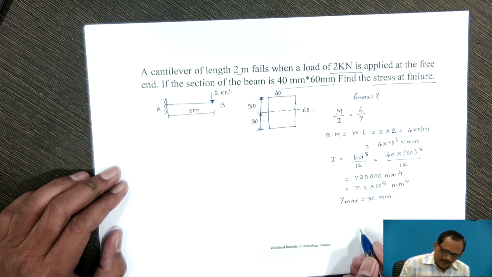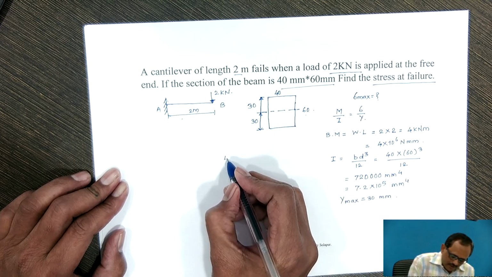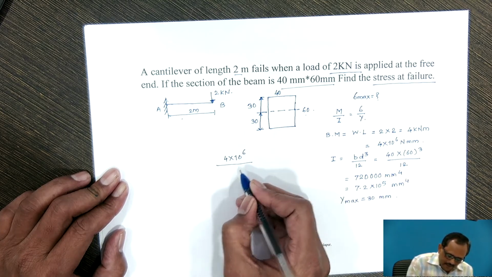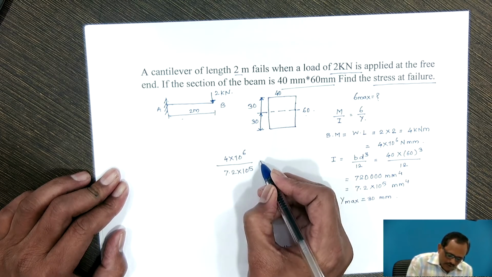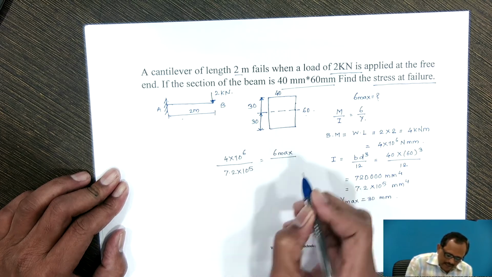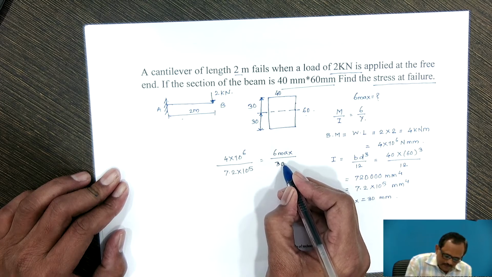Then, putting all the values in the bending equation, 4 into 10 raised to 6 divided by 7.2 into 10 raised to 5 is equal to sigma max divided by Y max, where Y max is 30 mm.